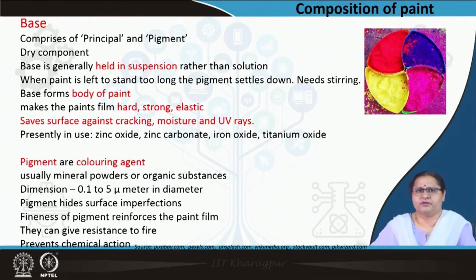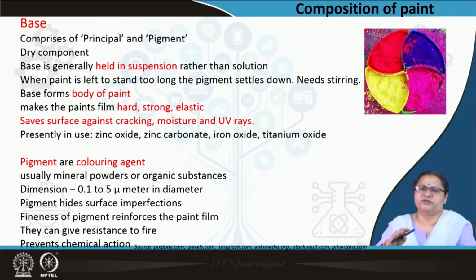So, when paint is left to stand too long, what happens? This principle or the base segregates because they may be in suspension. So, you need to stir the material always. Where does this base go?